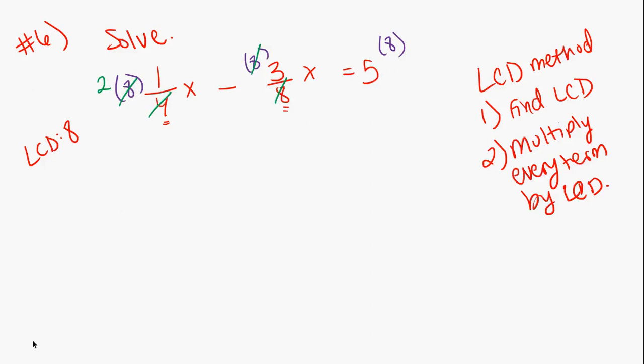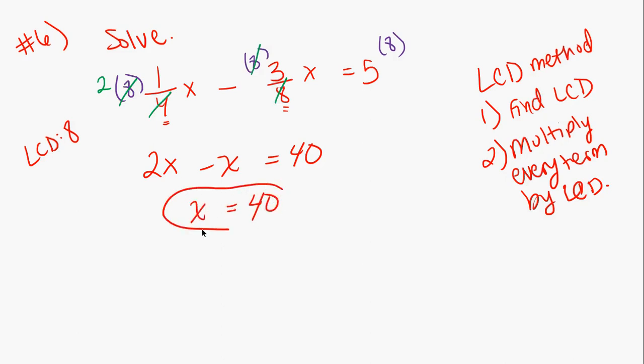And then with the 5, there's nothing for the 8 to cancel with. So we end up with 2x minus x equals 40. 2x minus x is just x, so x equals 40 is the answer.